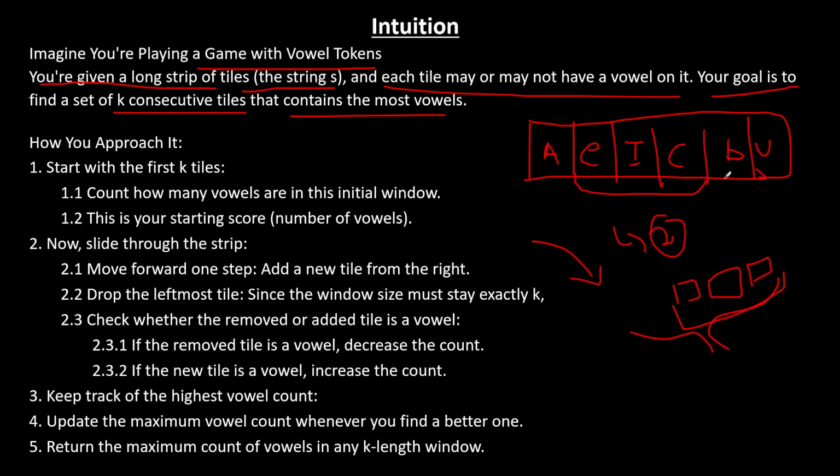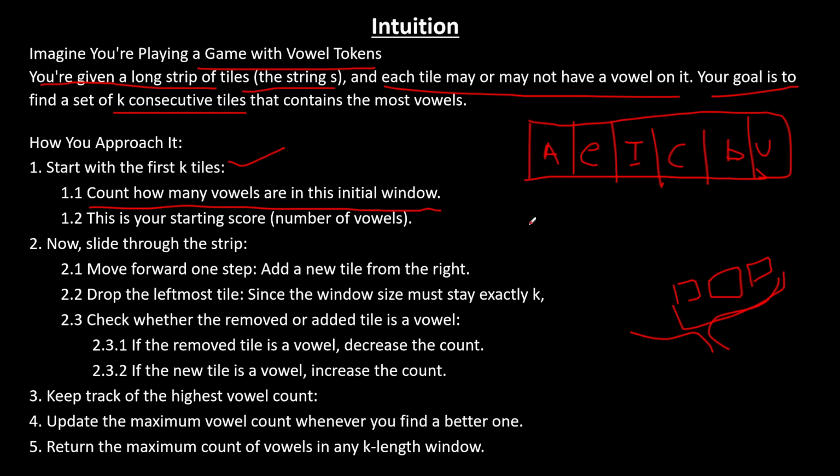So I hope you understood what we're trying to do here. If you go to the points and check, count how many vowels are in his initial window, the first initial window which he takes. They're basically creating windows here. This is one window.